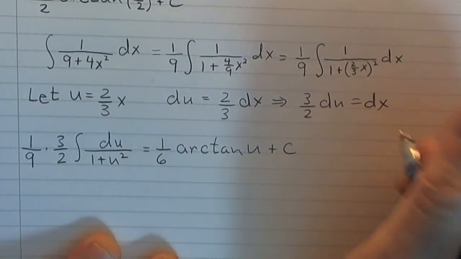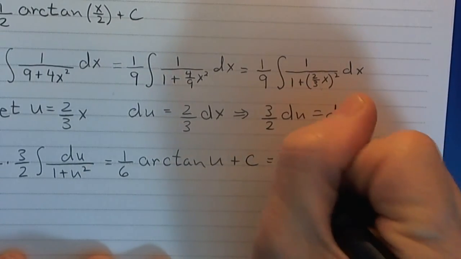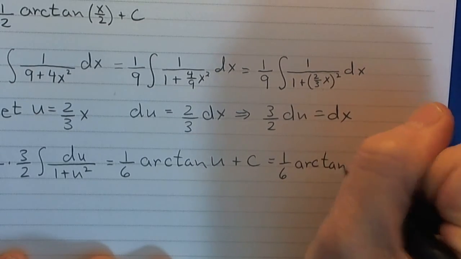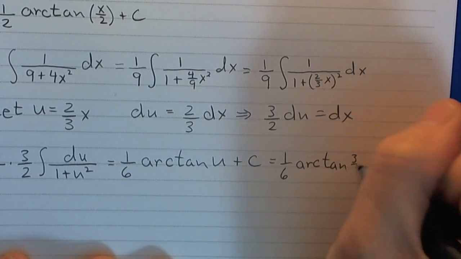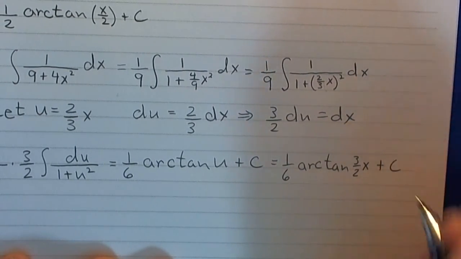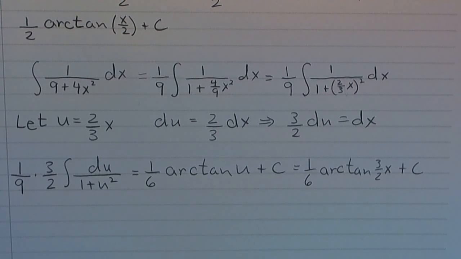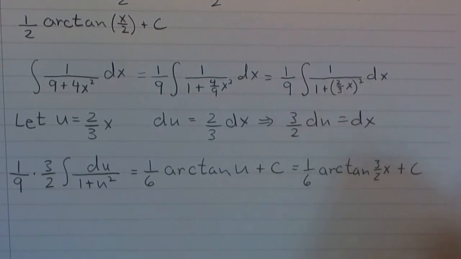And of course, the u we can substitute back in if we want to. This is 1/6 arctan of 3/2 x plus c. There we go. And there are some examples of how we would deal with these integrals that involve inverse trig.